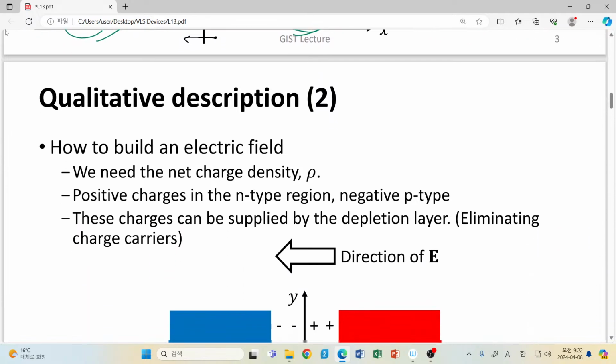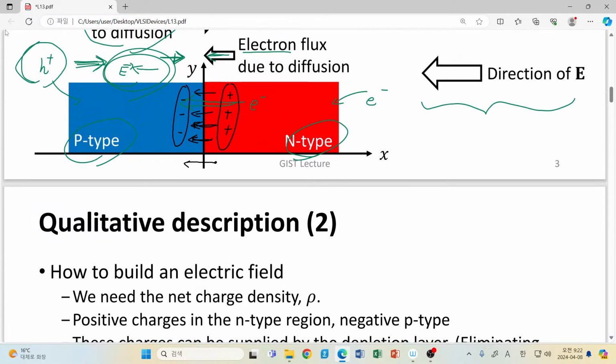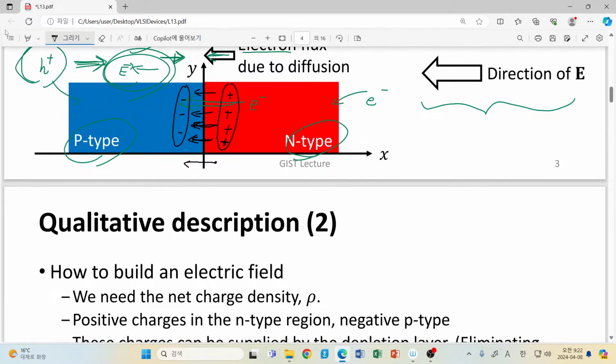So here we have a similar discussion. How can we build an electric field inside our p-n junction? Of course, we must provide a positively charged layer and a negatively charged layer, and they should be perfectly balanced. So let's think about a certain imbalance. Here we have 4 positively charged particles and just 3 negatively charged particles. Then what will happen?